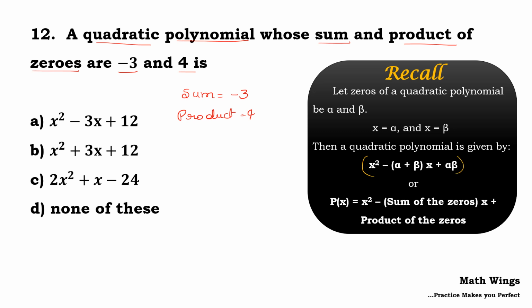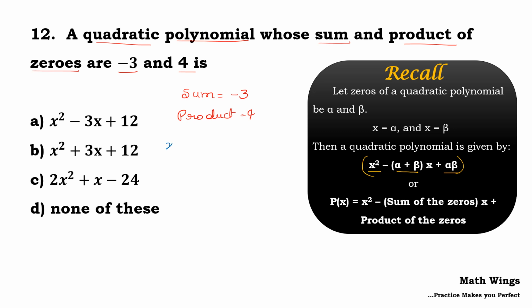we can write the quadratic polynomial using this expression. What's that? It is x square minus alpha plus beta, which is sum of the zeros, into x plus alpha beta, that is nothing but the product of zeros, right? So let us just write the polynomial using this expression.